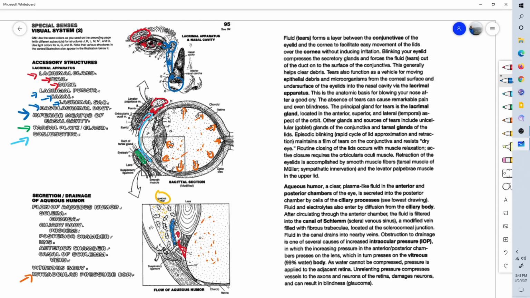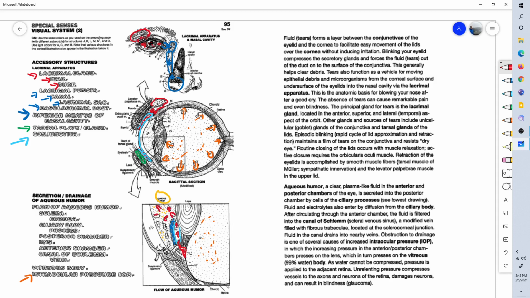But behind the iris is what's known as the posterior chamber. It's this area behind the iris. And it's the area that the aqueous humor comes from the ciliary body and exits out of into the anterior chamber.